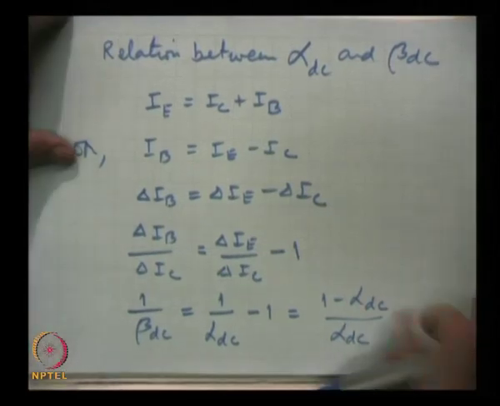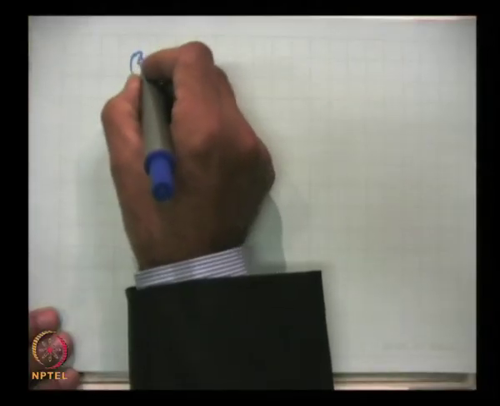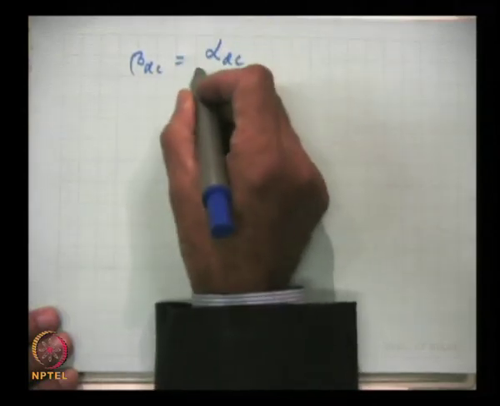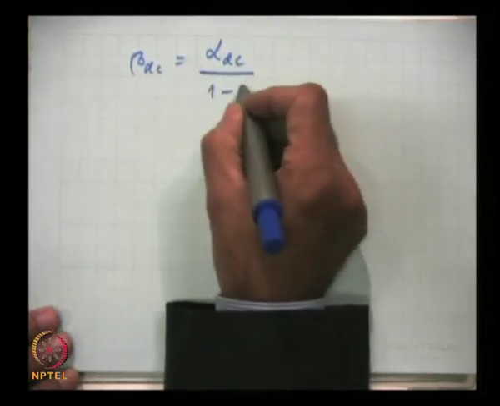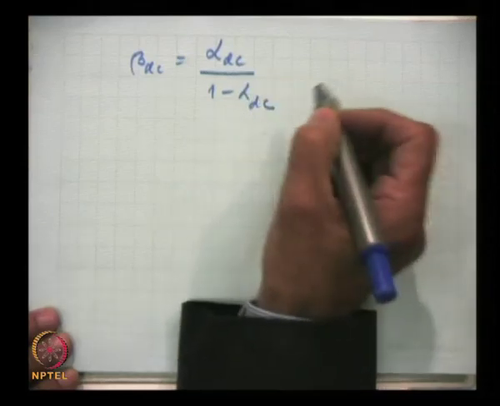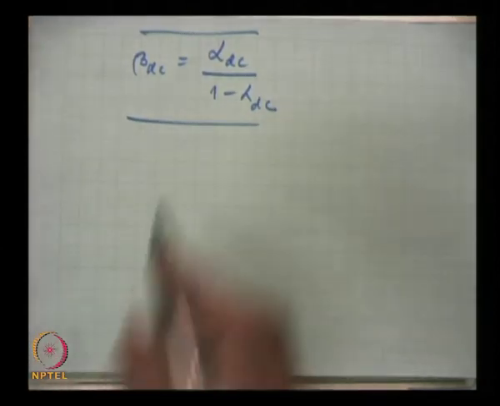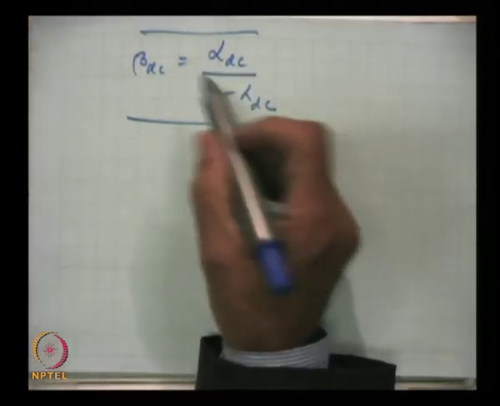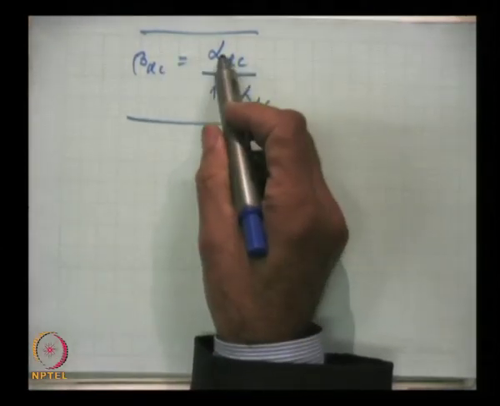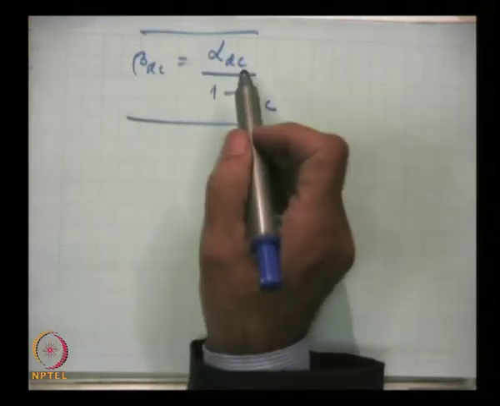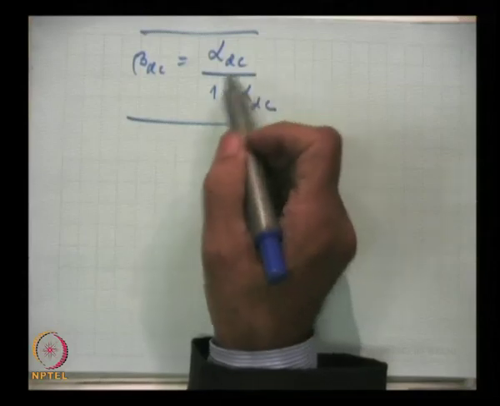From here we get the relationship that beta DC is equal to alpha DC by 1 minus alpha DC. This is a simple relationship which we use to get the value. If alpha is known, beta can be found out, or if beta is known, then alpha can be found out.